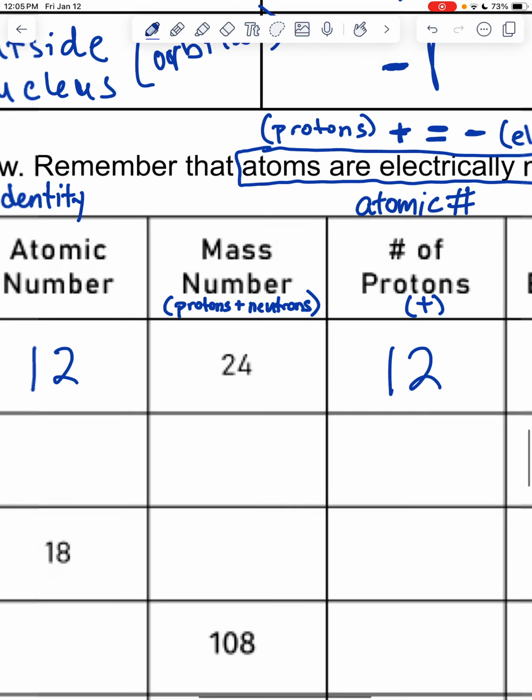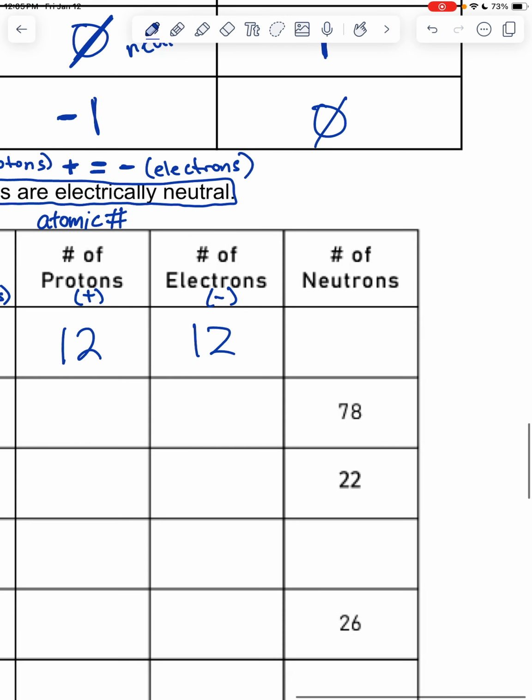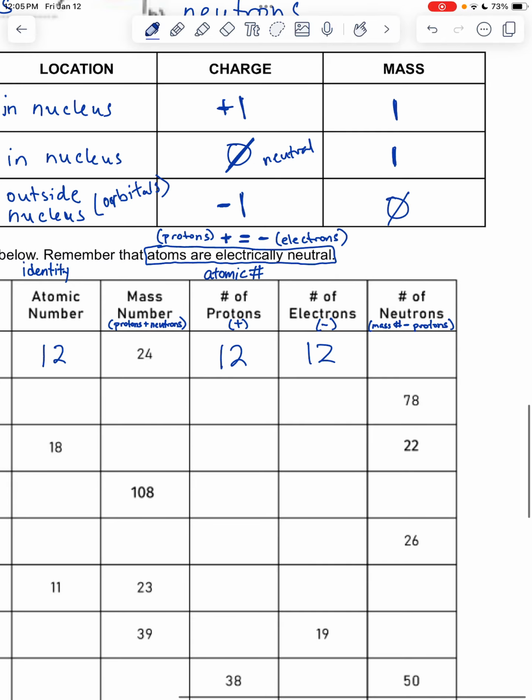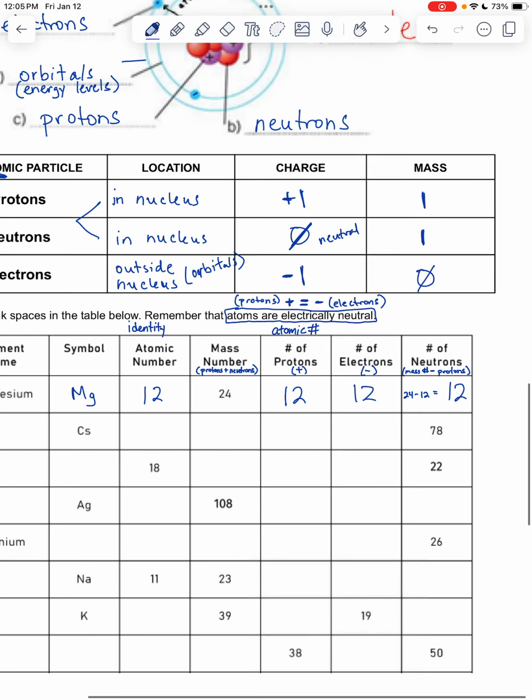So because I know that, and I know how many protons I have, if I have 2 out of the 3 of those, then I know how to figure out the neutrons, right? The neutrons would just be the mass number minus the protons, or the atomic number, because they're all the same. So in this case, I take 24 minus 12, which is the protons, and that gives me 12. So that's 12 neutrons there.